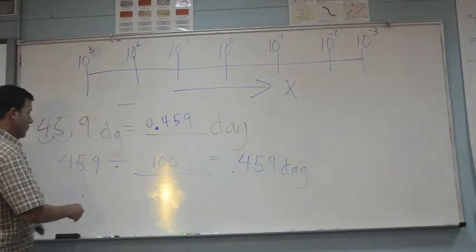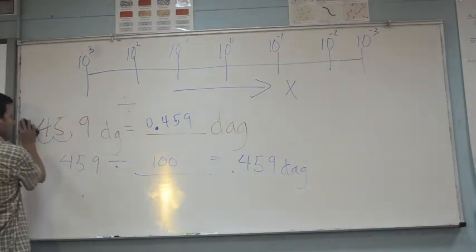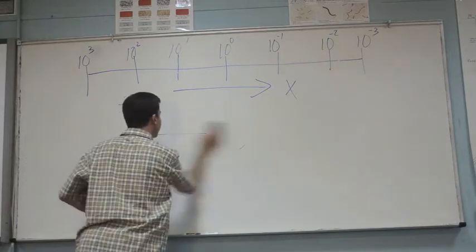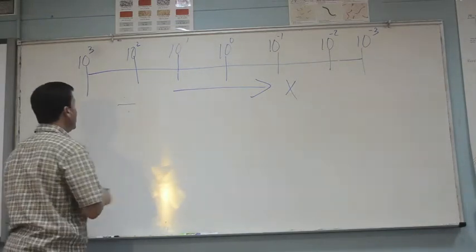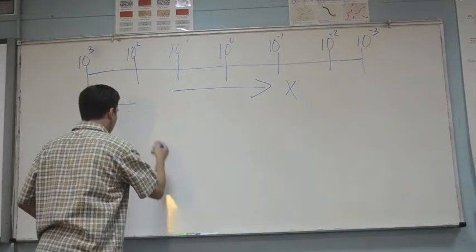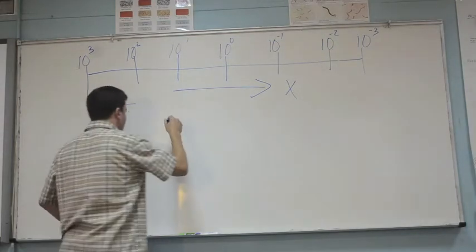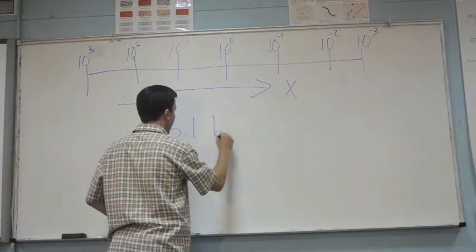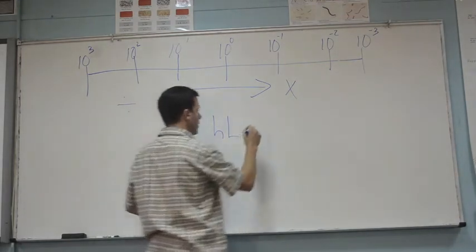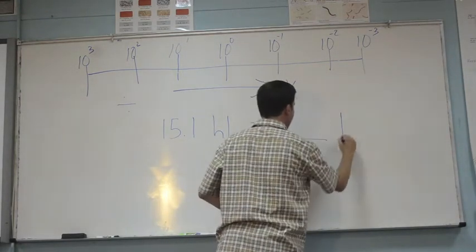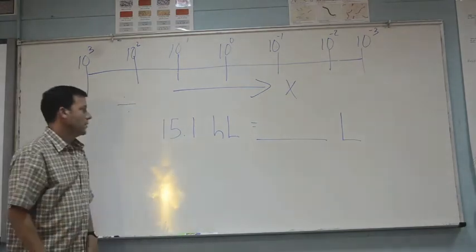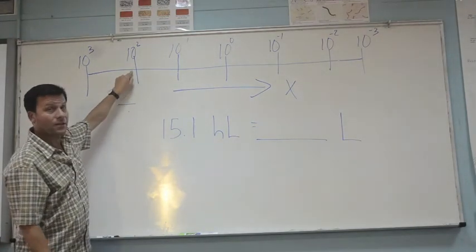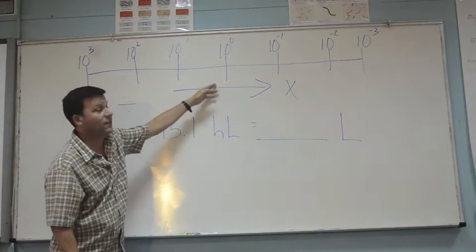Now let's do a different one, and this one I'll show you multiplication. This is just as easy. Let's take 15.1 hectoliters, and we want to know how many liters that's equal to. Well, hectoliters is found right here, and it's a fair bit bigger than a flat-out liter.